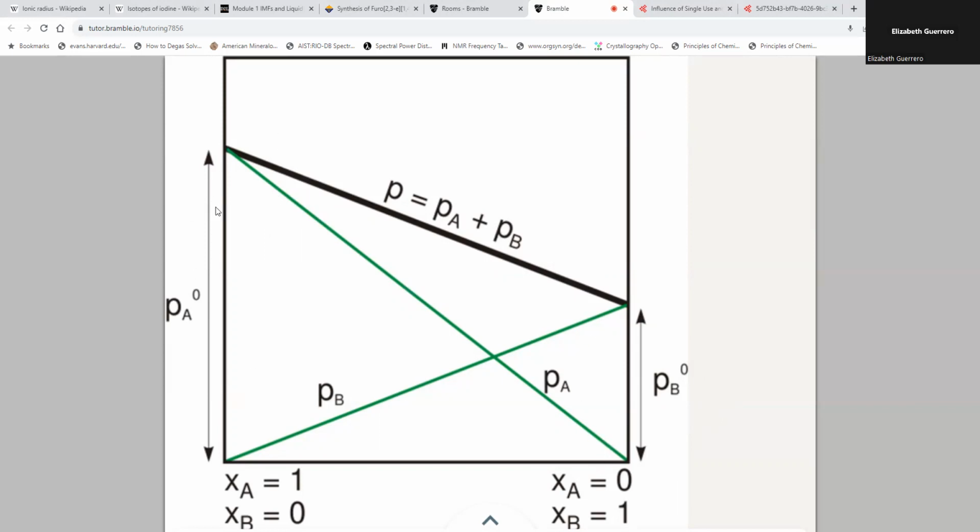So if you have all the first liquid, it's going to be that liquid's vapor pressure. As you add in your second liquid, your vapor pressure will, in this case, decrease because the second substance has a lower vapor pressure, but it's going to average out to be somewhere between the two. And then if we're at 50%, then this will be just the average between the two vapor pressures.